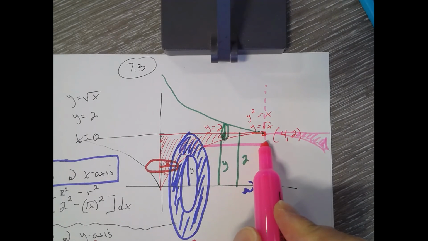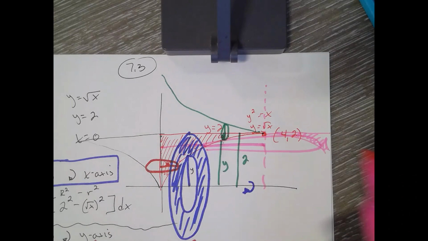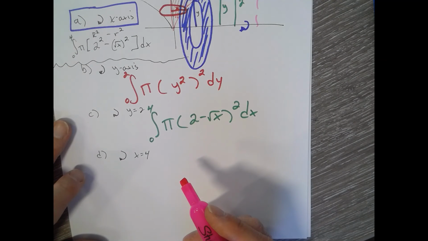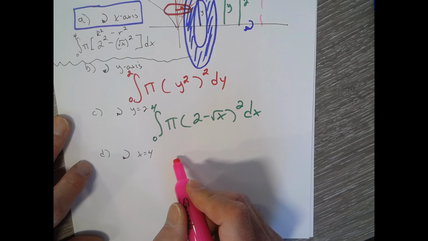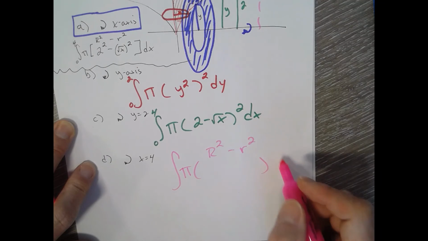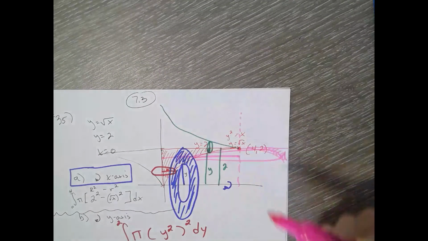There's my little r, and there's my big R right here, that whole distance. Okay, so integral, we're going around a vertical, so it's going to be dy, and it's washer, so pi (big R squared minus little r squared) dy, and since it's dy, we're going from here to here, so from 0 to 2.